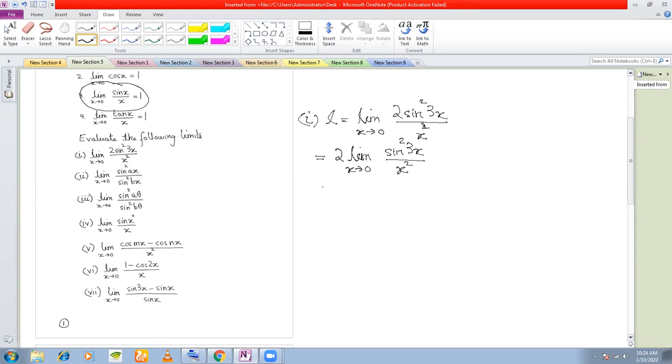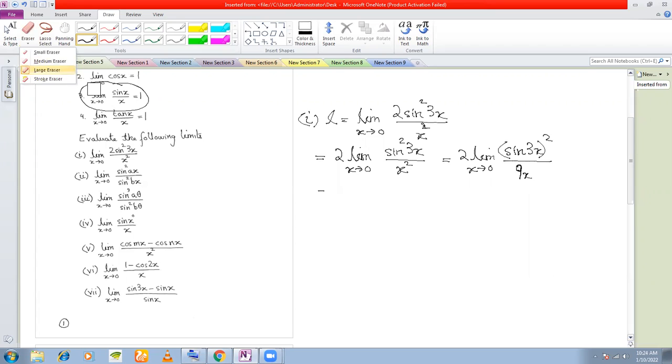Okay, so what we are going to do here is write 2 times limit x tends to 0. I am going to write this as sine 3x whole square, and below I'm going to take 9x square.